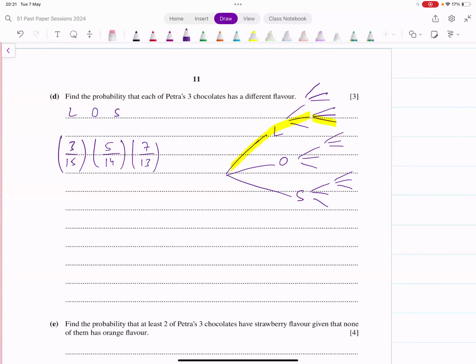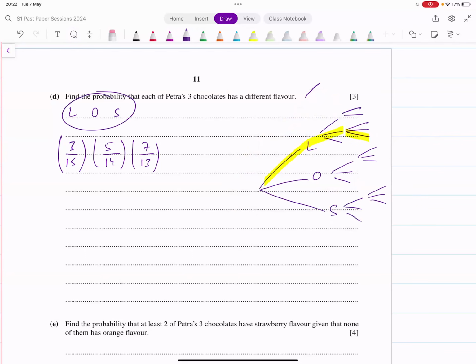You could have lemon, orange, strawberry, or LSO, or SLO or SOL, and so on. There are 6 ways of arranging this, 3 factorial. So each of these probabilities is going to come in 6 places on this tree diagram. You have to add all of those cases up. Instead of adding, we could just multiply this by 6, and that will give us the result.